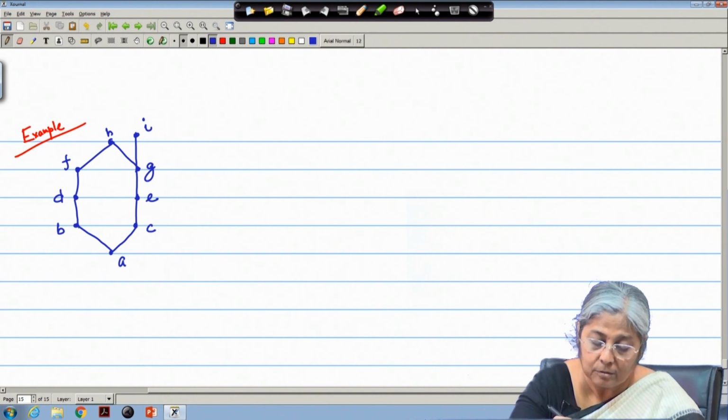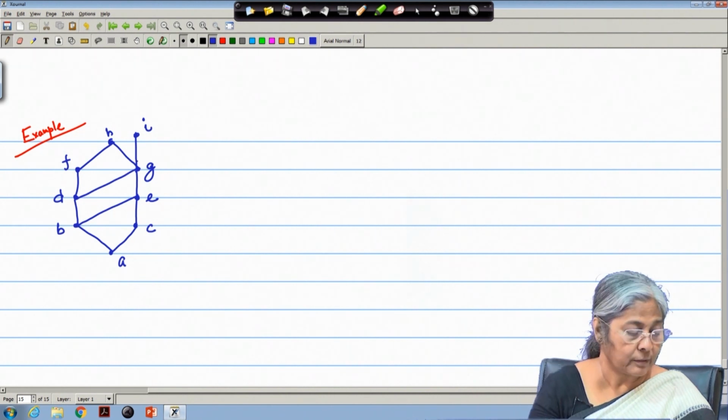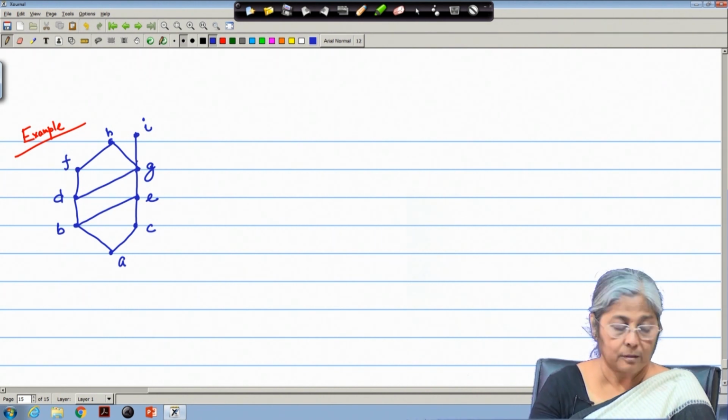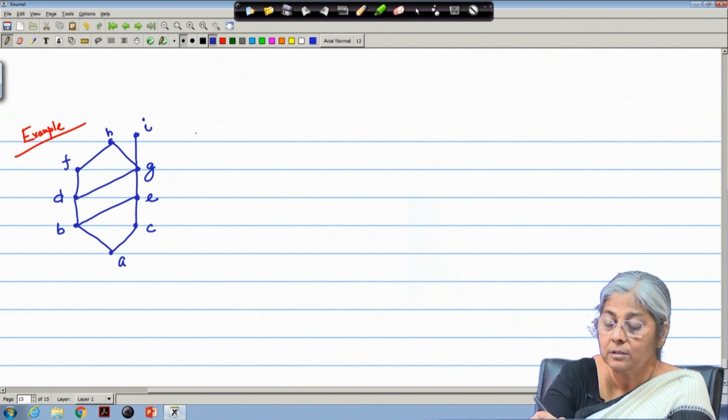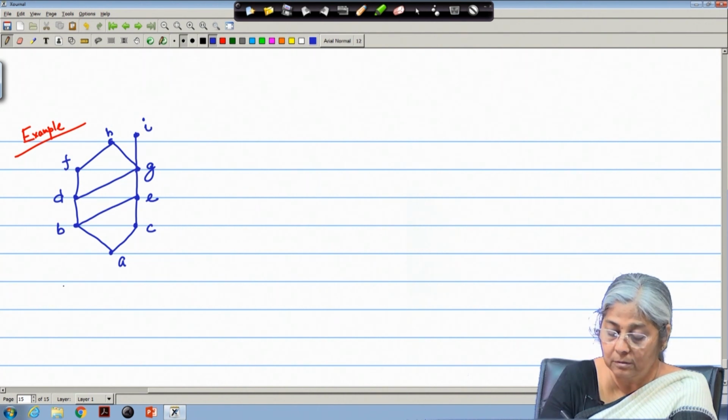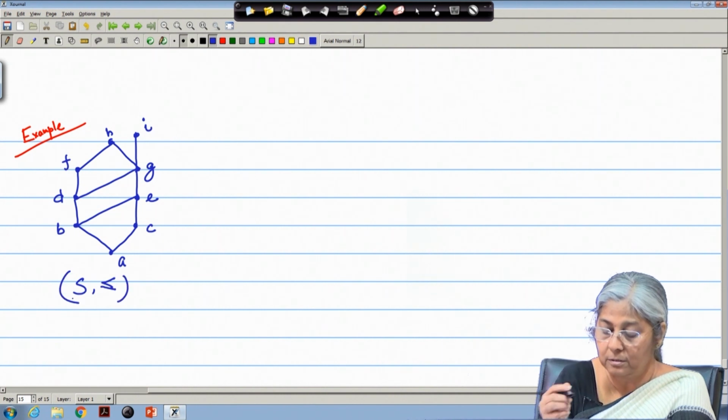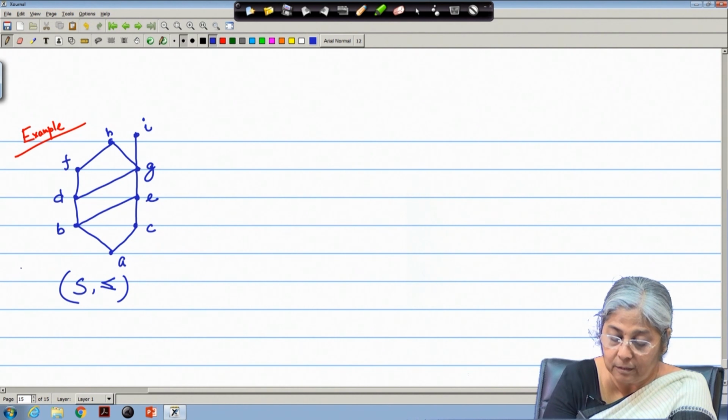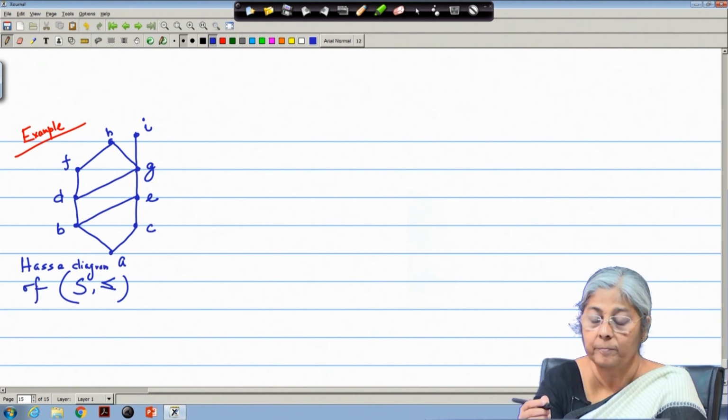We connect them, and this is the diagram. This is one poset with relation S, and this is the Hasse diagram of this poset.